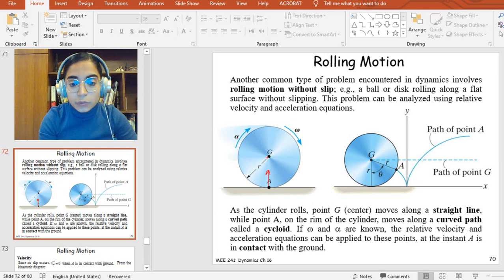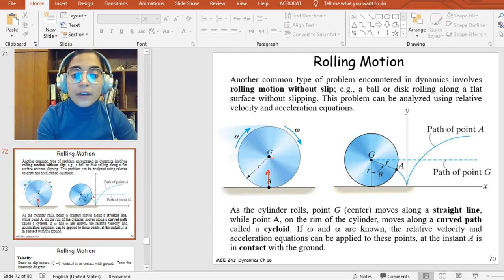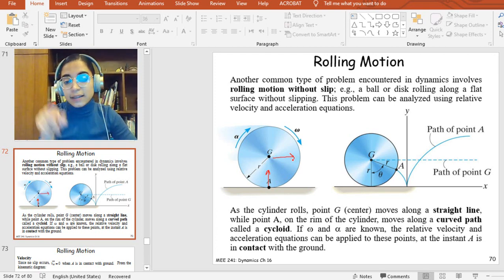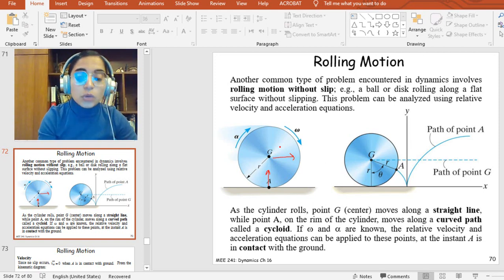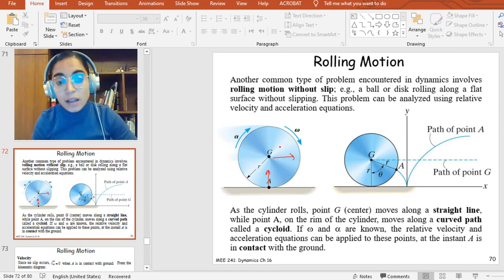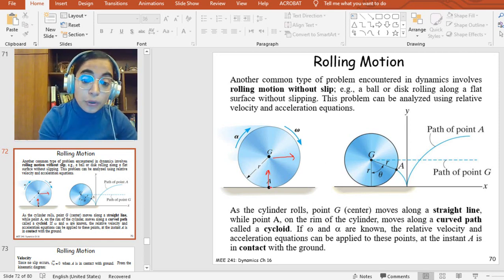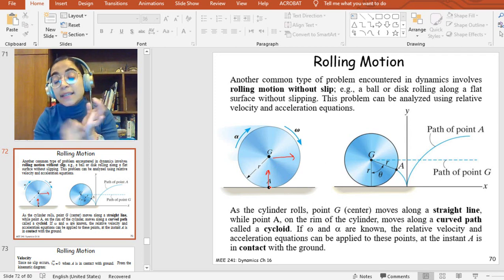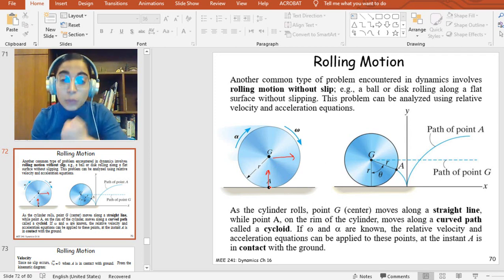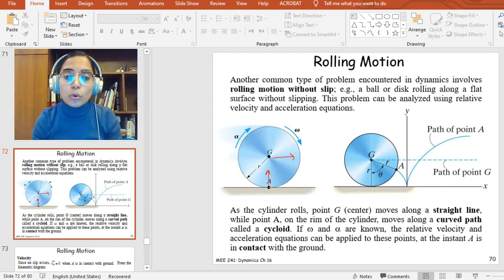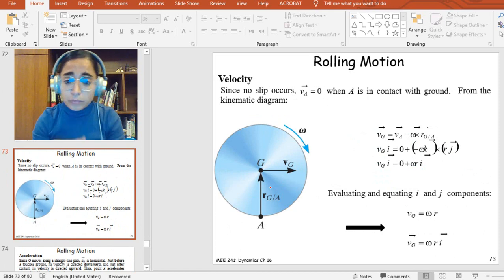The point here, which is the center of gravity, will have a horizontal velocity because it is rolling. This is a rolling motion. So this Vg will have a horizontal velocity. Now this point A here, because it is in contact with the floor and the floor has a zero velocity, then VA will also be zero, but it will not have a zero normal acceleration.